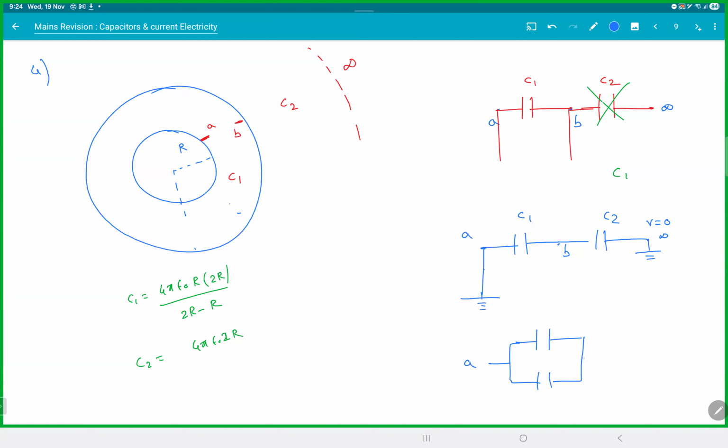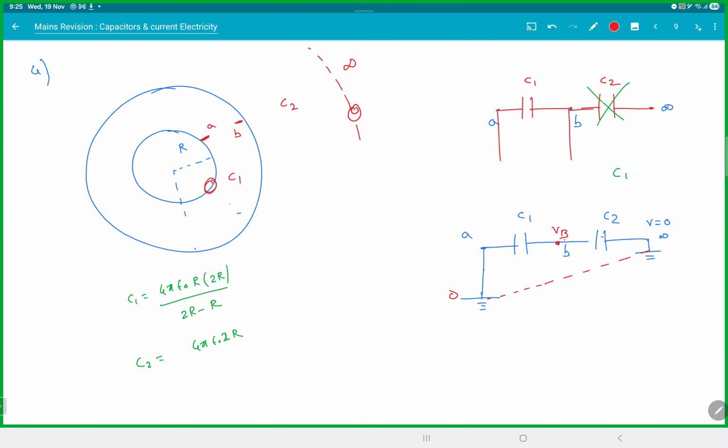This is A and this is B, C1 and C2. They both are parallel, isn't it? Meaning I can just close the circuit like this. So what is the potential difference? VB minus 0. What is the potential difference? VB minus 0. So both the capacitors are in parallel. Are you clear what I did? The moment you close the switch, suddenly this potential becomes 0.